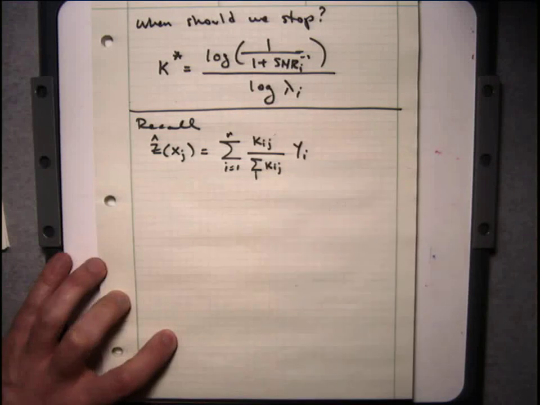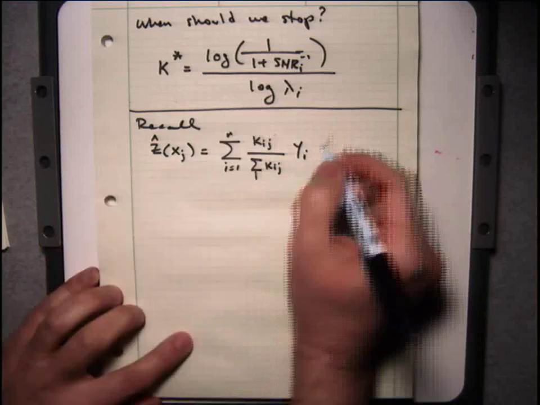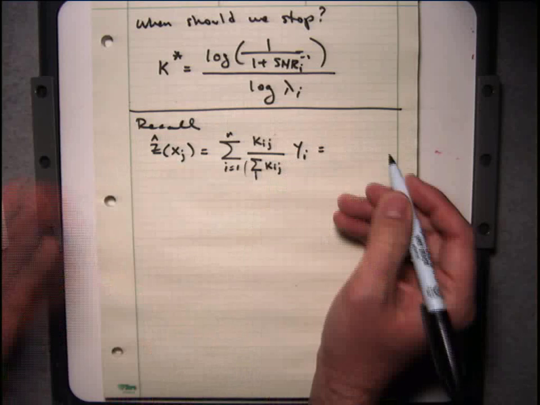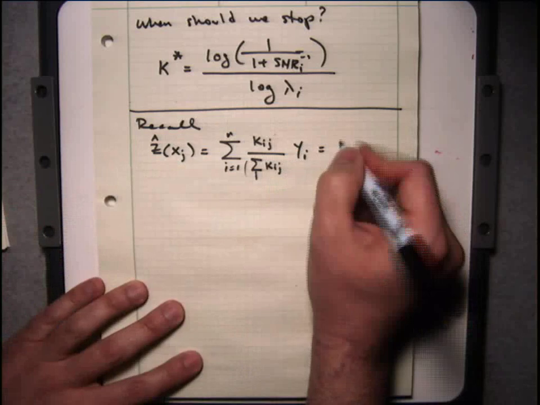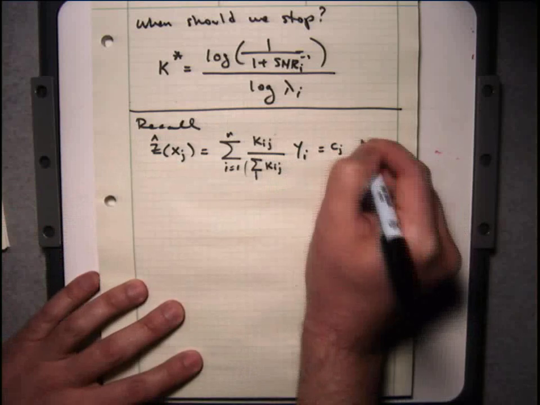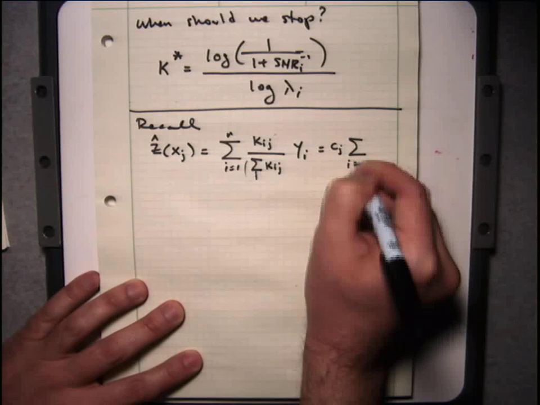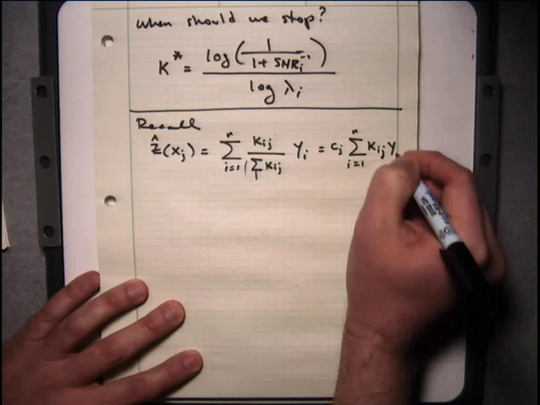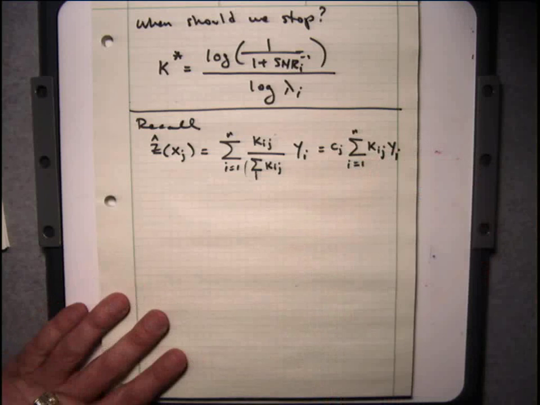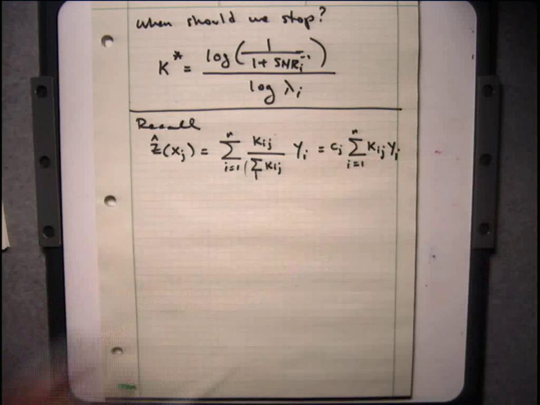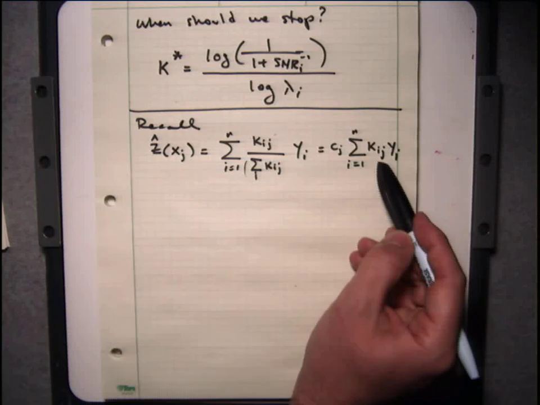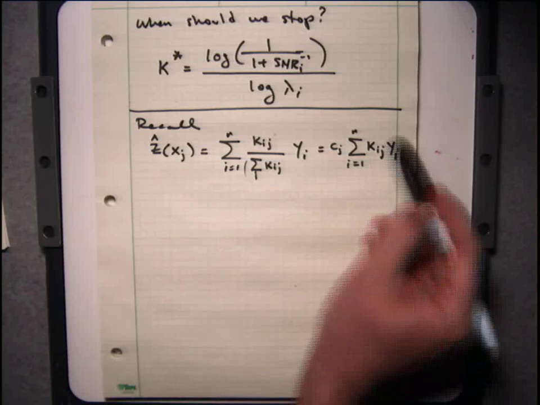Okay? Another way to write this is to write this normalizing coefficient as Cj, and then we write this as Cj times the sum, i equals 1 to n, of Kij yi. Okay? So what this shows you is that, of course, the estimate is nothing but a linear combination of the data points.